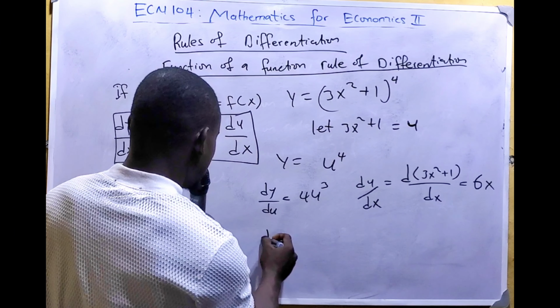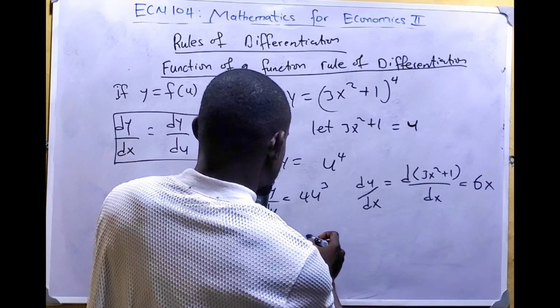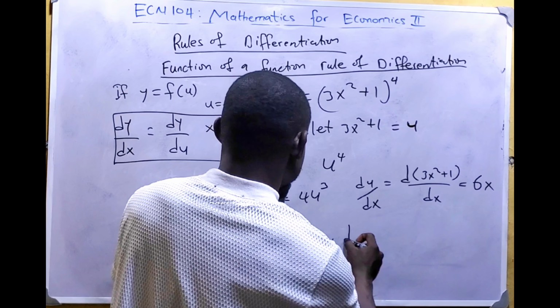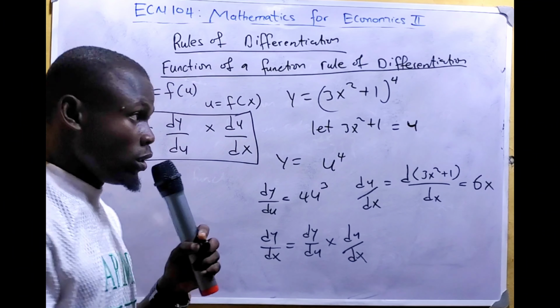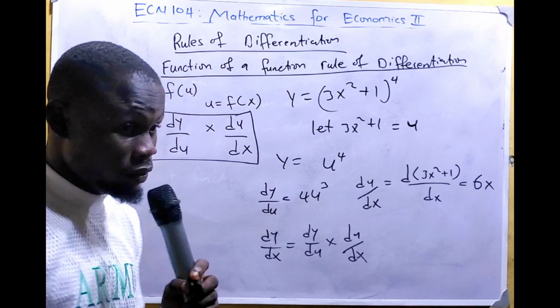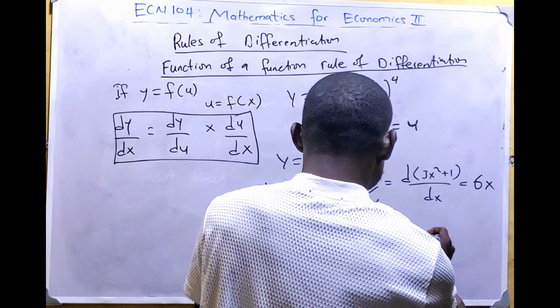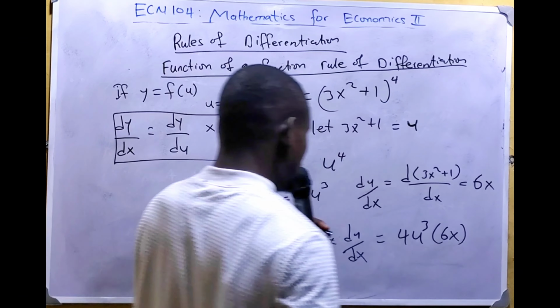So in this case, our dy/dx will be dy/du times du/dx, using the chain rule, and this will be equal to 4u raised to power 3 into 6x.